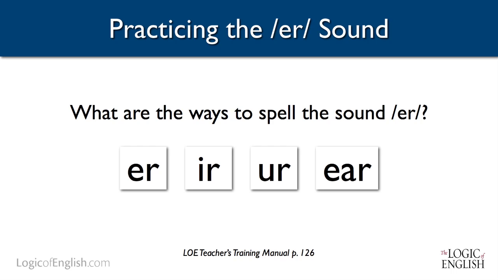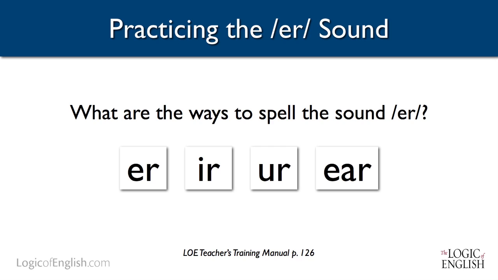I would like to take a few moments to help you gain some ideas on how to help your students master words with the sound in them. These are sometimes called R-controlled words in English, and they're very common, and it can create a lot of confusion for spelling. First of all, it's important for your students to know that these are in the order of frequency.